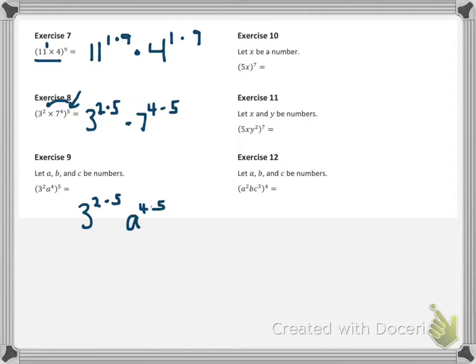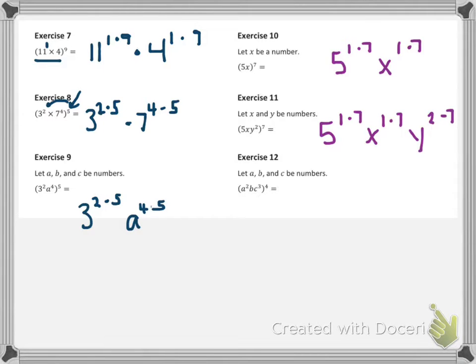All right, let's do a few more. Exercise 10, we have 5 to the 1 times 7 times x to the 1 times 7. Exercise 11, we have 5 to the 1 times 7 times x to the 1 times 7 times y to the 2 times 7.